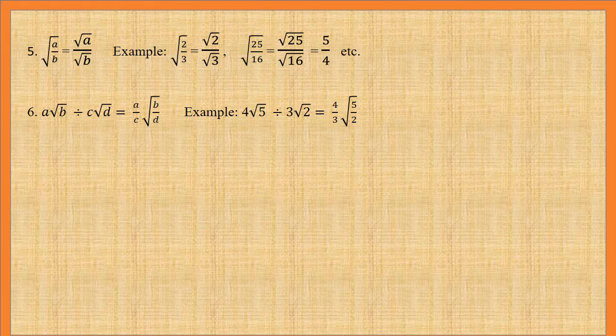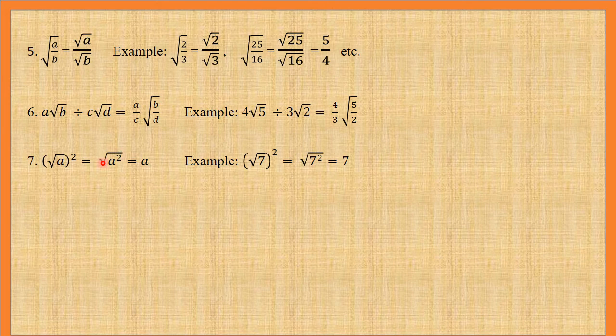Then for rule 7, when you have square root of a, squared, it's the same as square root of a squared, and this gives us a, because this square goes with the square root, leaving a.